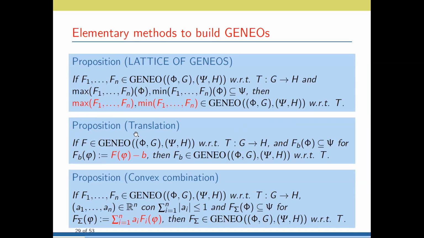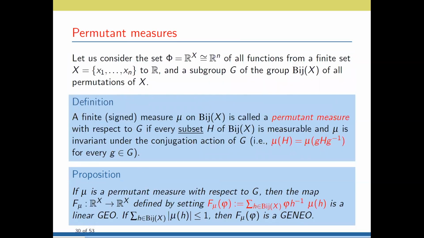Then, when we translate a GENEO, we obtain another GENEO. And this is a trivial consequence of a theorem about the convexity of the space of GENEOs: when we consider the convex combination of GENEOs, you get another GENEO. This is quite important in applications. These are trivial results, okay?